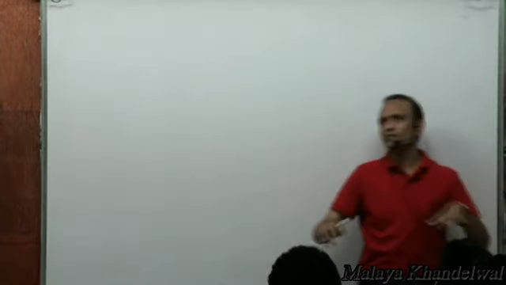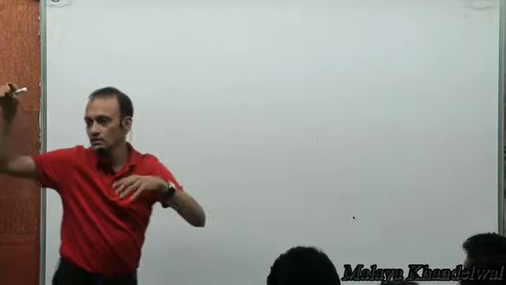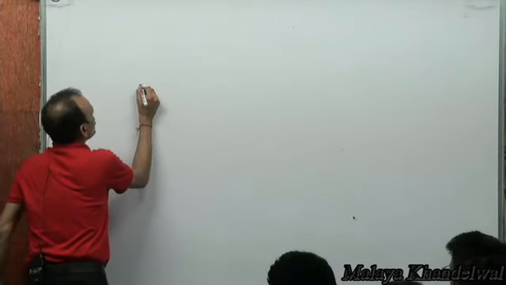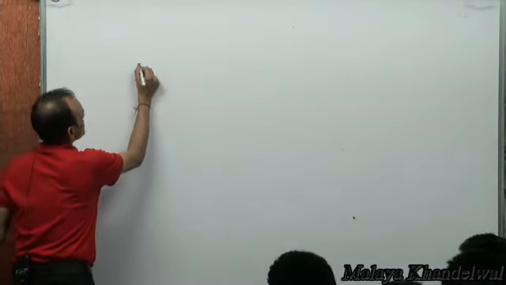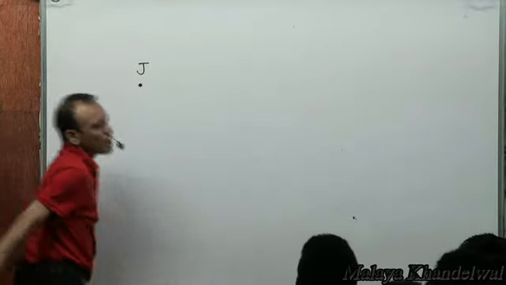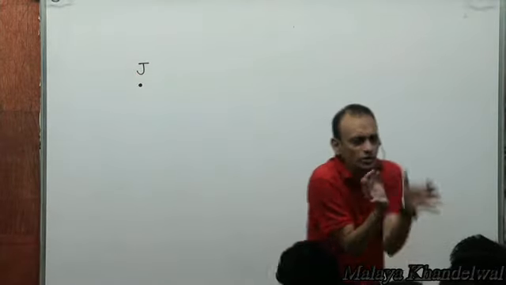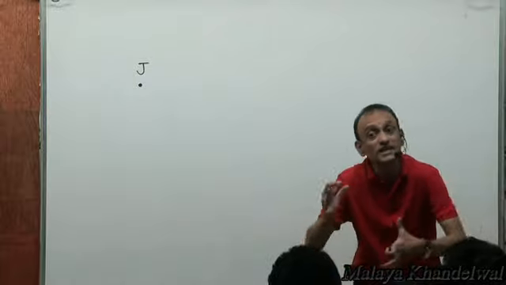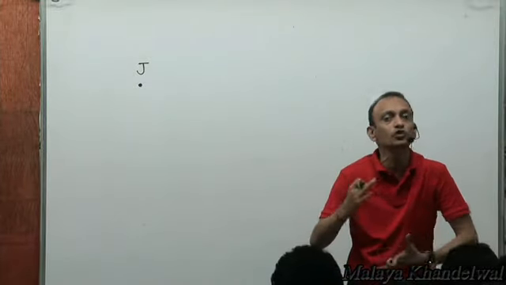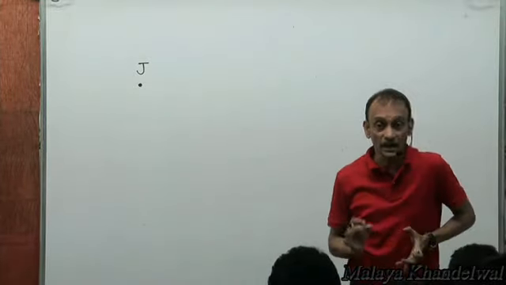Also, there could be several electrical circuits, and there could be a junction J common to several electrical circuits, common to several loops.